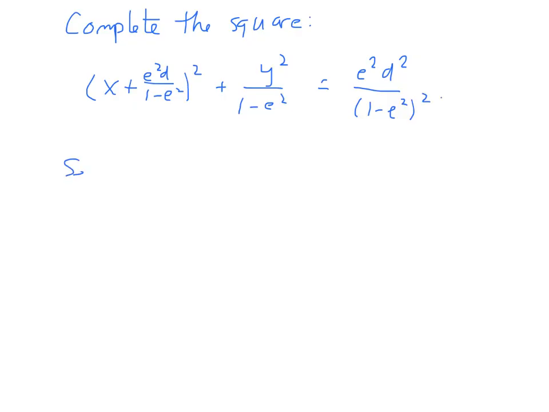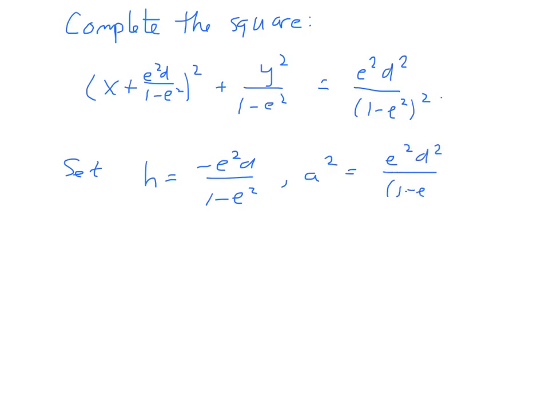Okay? And so now let's rename some variables. Let's set h to be minus e squared d over 1 minus e squared. And we'll set a squared to be e squared d squared over (1 minus e squared) quantity squared.